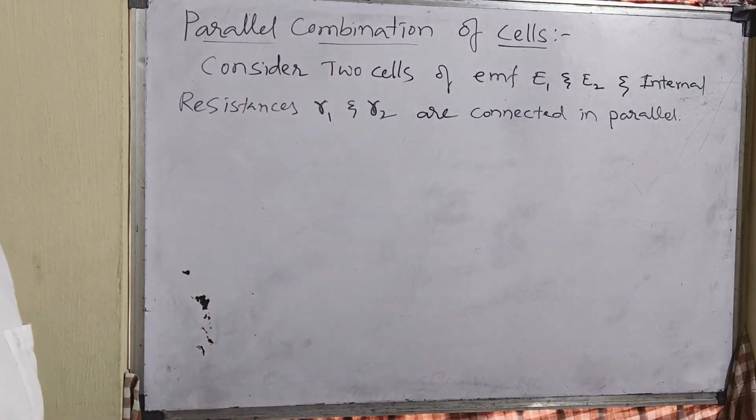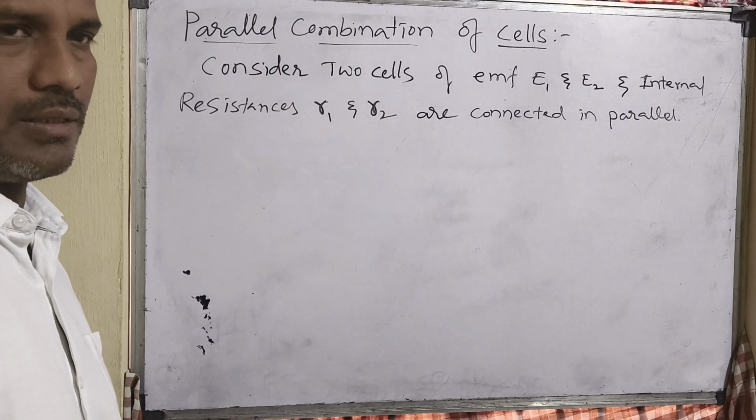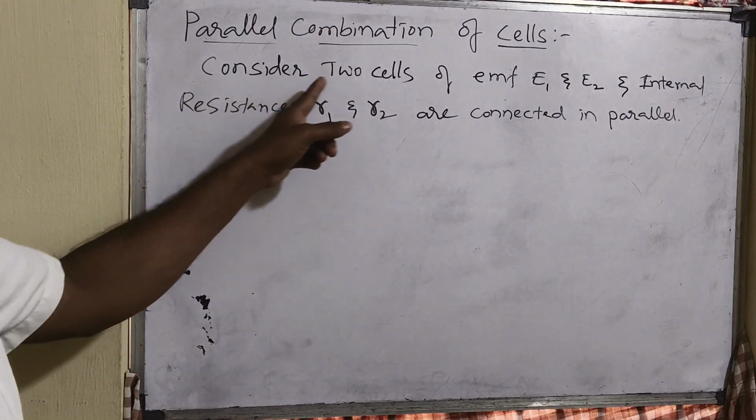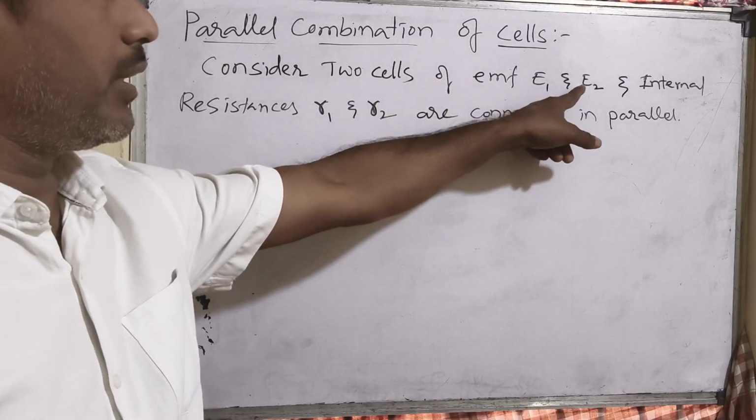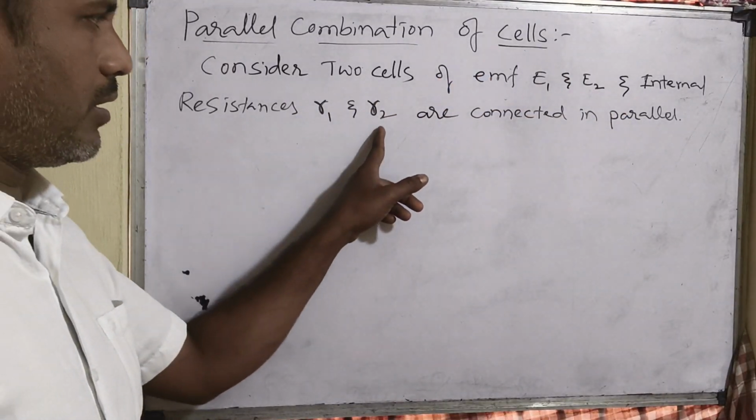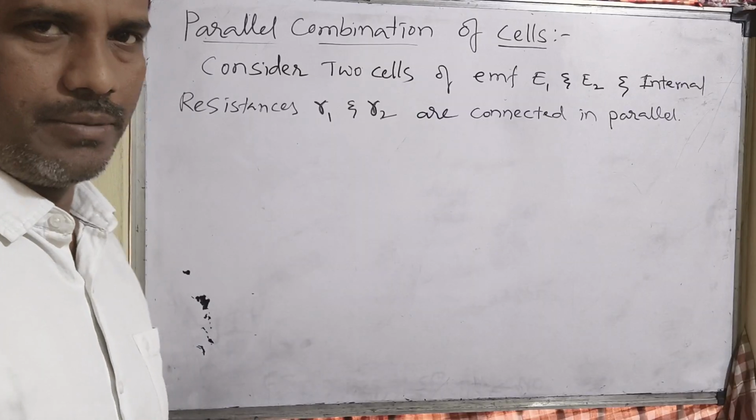In the last class we discussed the series combination of cells. So now two cells of EMF E1 and E2 and internal resistance R1 and R2 are connected in parallel combination.